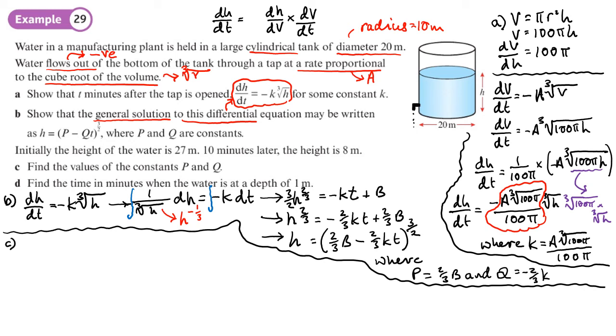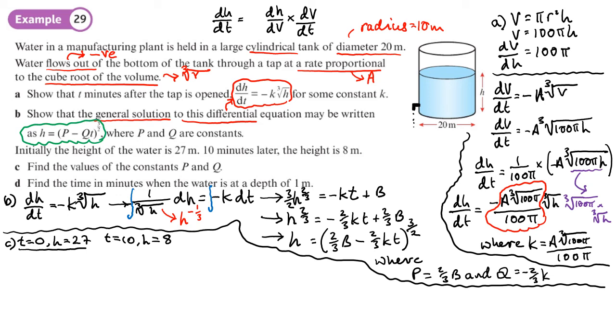So part C, it tells us that initially the height of the water is 27, and 10 minutes later, T is in minutes, not seconds or hours, the height is 8. Use these to find the values of P and Q. Right, so we're going to be substituting in, first of all, the 0 and 27 into this equation here.